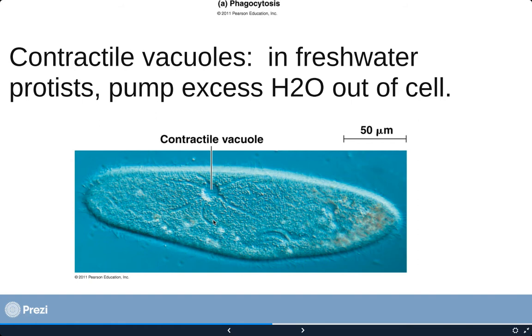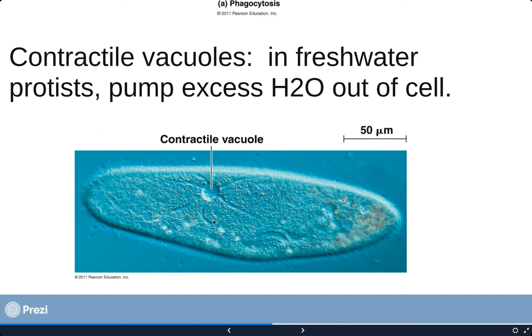And the contractile vacuole is actually a pump. If this paramecium, it's called, ends up in a water solution where water is entering its body faster than water is leaving, its body would start to swell, and that could kill it. So it has this built-in, super cool, we don't have this, little organelle called a contractile vacuole that pushes water out.